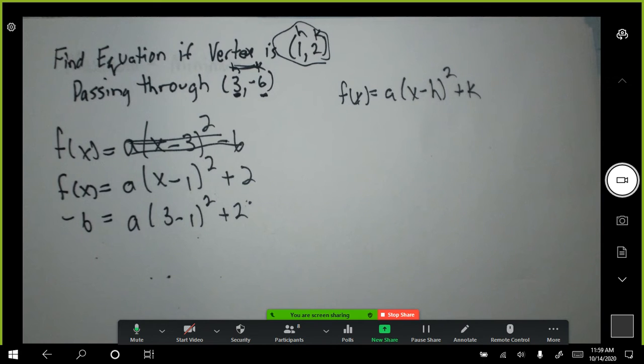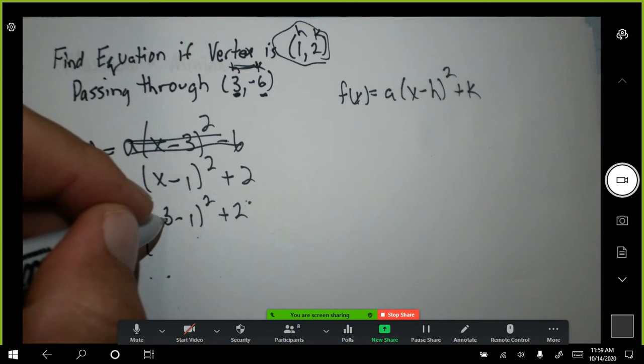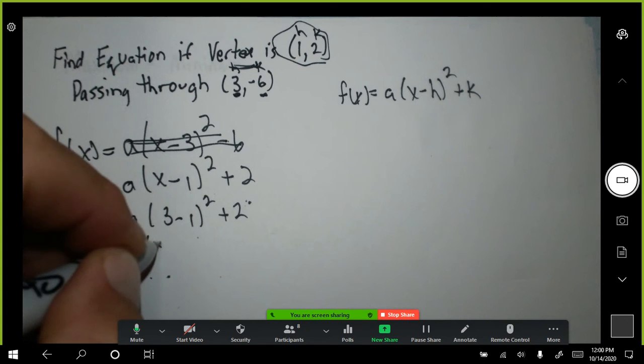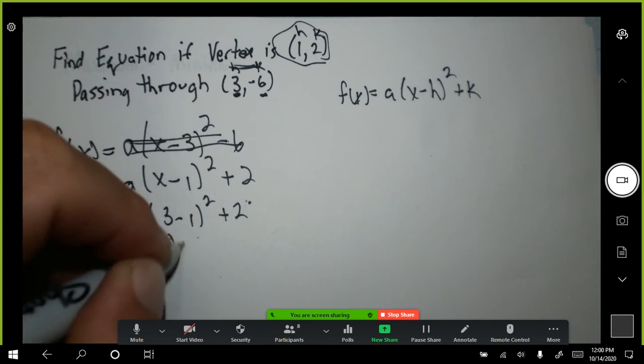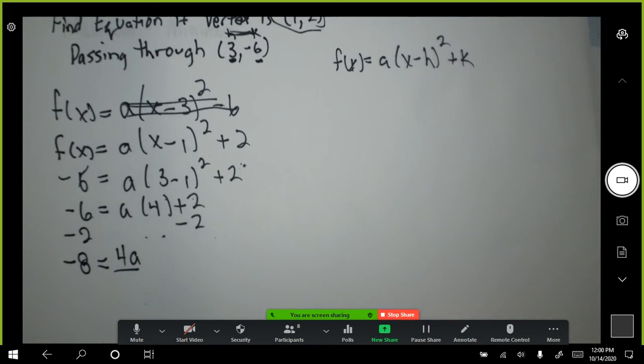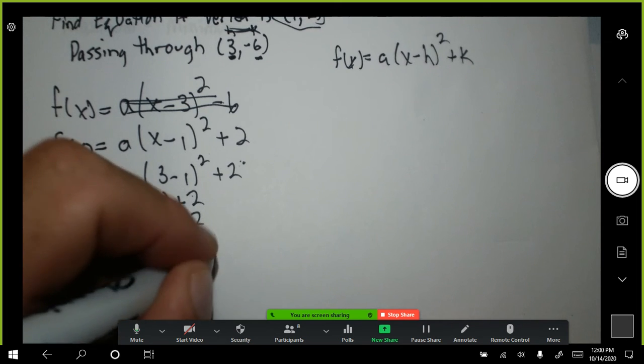So I fill in the x and the f of x, and now I can solve for a. So this will be negative 6 equals a times, 3 minus 1 is 2, 2 squared is 4, plus 2. Subtract 2, and I get negative 8 equals 4a. Divide by 4, and I get a equals negative 2.